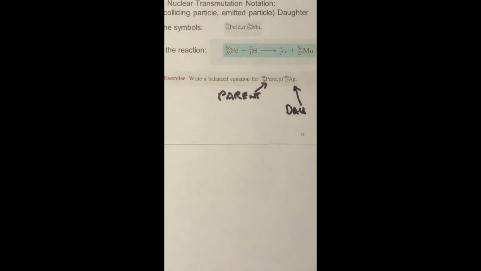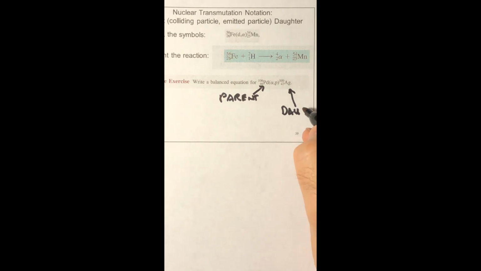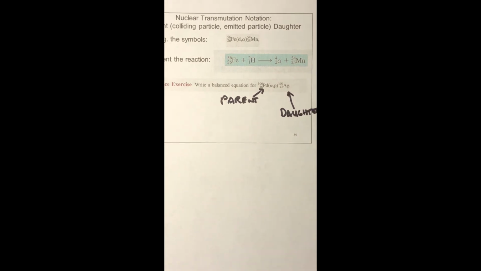Okay, this is our daughter nuclide. Don't worry, I'll zoom back in again. In parentheses, we have what is the colliding particle. So over here, alpha is our colliding particle. And then the other entity inside the parentheses is the emitted particle.